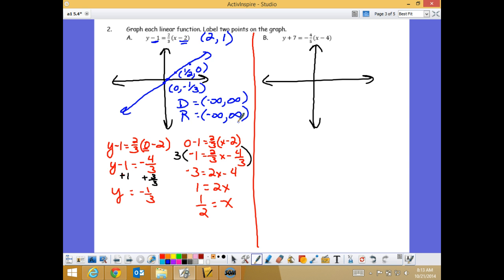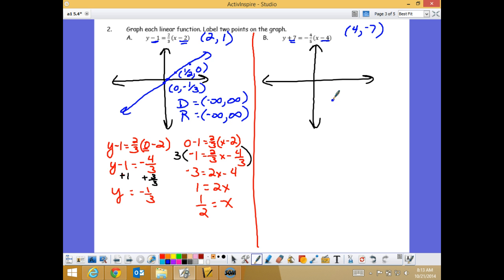All right, then the second one, our point that the line goes through: here's our x-coordinate, but remember, change the sign. And here's the y-coordinate that it goes through. Remember, change the sign. So it goes through the point (4, -7). Should be about down there somewhere.